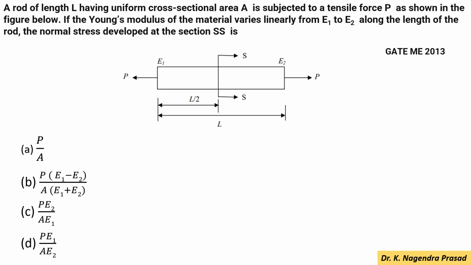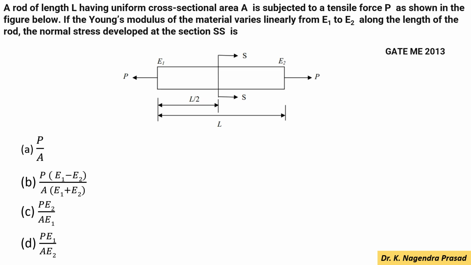We know that in the previous lecture we already discussed that stress is an independent property. It does not depend upon the material properties. It depends upon how much load we are applying and what its cross-sectional area is. So it does not depend upon the Young's modulus.